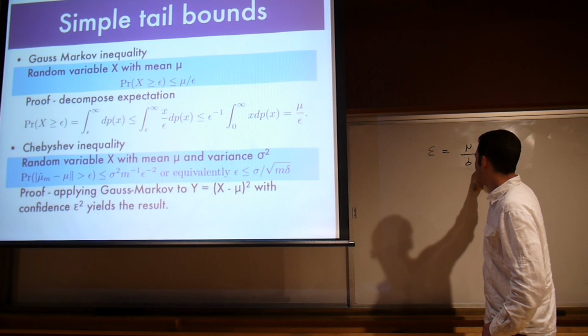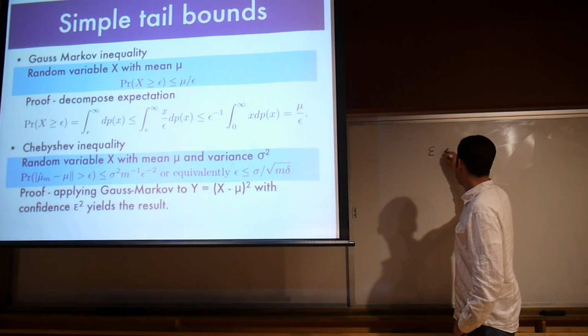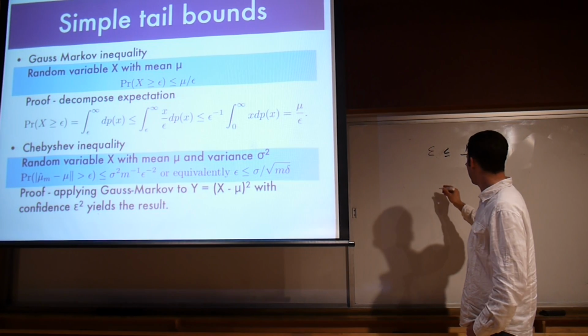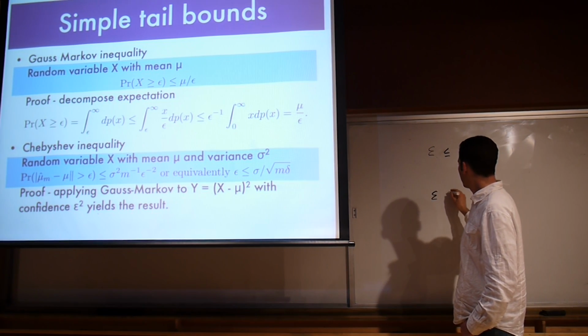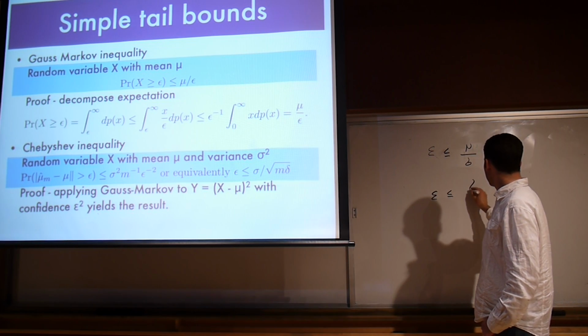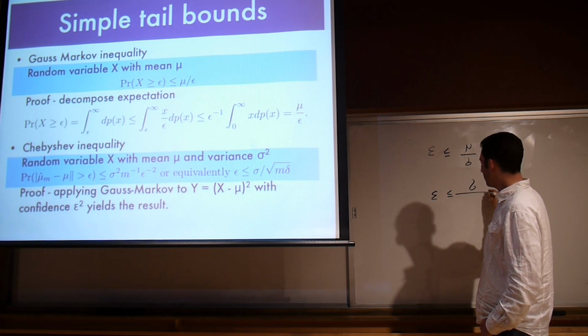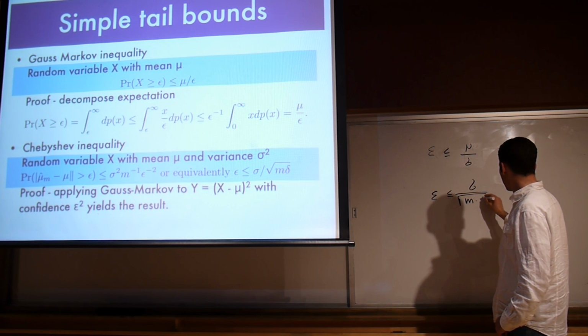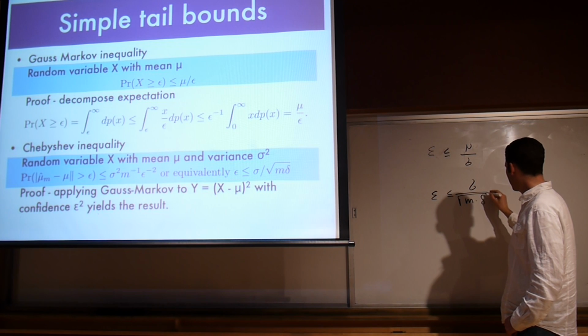Well, as a matter of fact, it's less or equal than that. But now, for the Chebyshev inequality, we have epsilon is less or equal than sigma over the square root of m times delta.